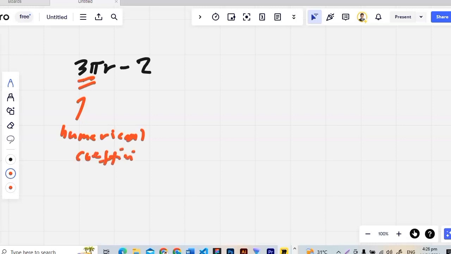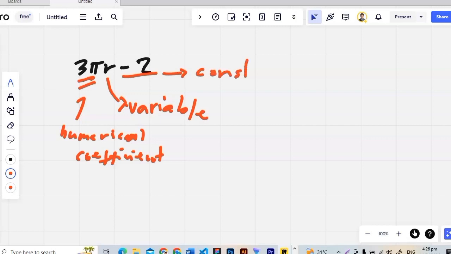This is the numerical coefficient, while r is the variable, and negative 2 here is the constant. Okay, meaning this is the fixed number.